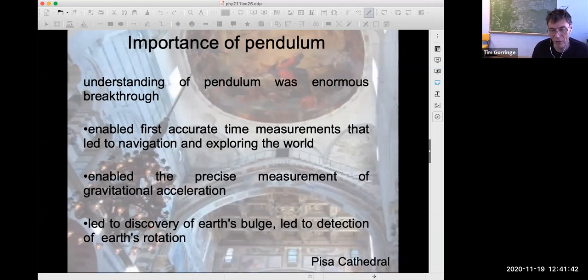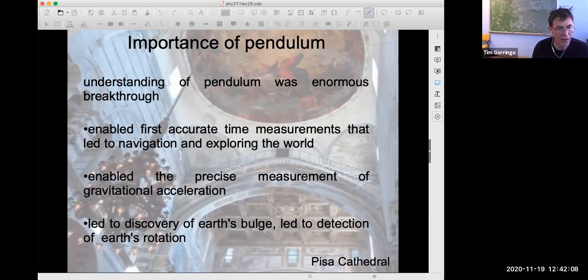So it had a huge effect on humankind. It was also the first time we could really, using pendulums, measure the acceleration of gravity accurately and precisely. It was the most accurate way of measuring the acceleration of gravity. And it led to some really intriguing discoveries.